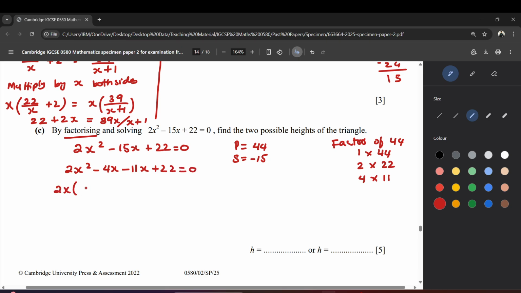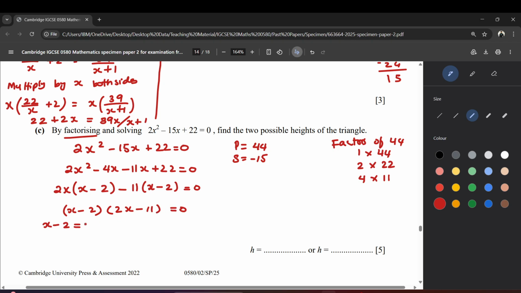2x will be factorized. You will be left with x minus 2. Here minus 11 will be factorized. You will be left with x minus 2 again. Then x minus 2 will be factorized. You will be left with 2x minus 11 equals to 0.